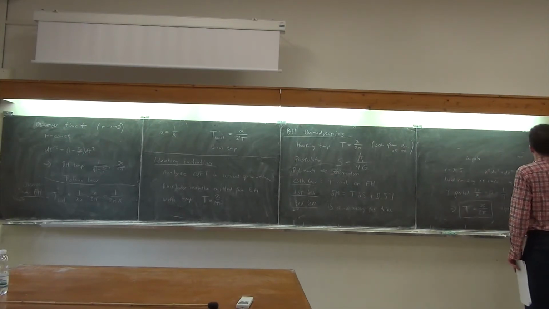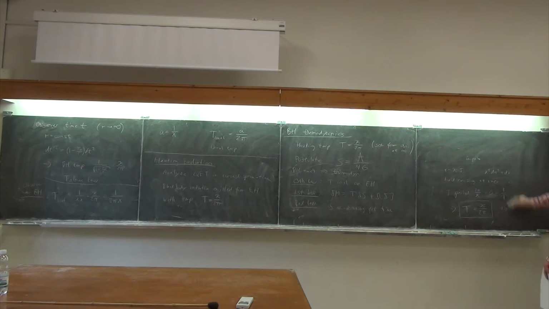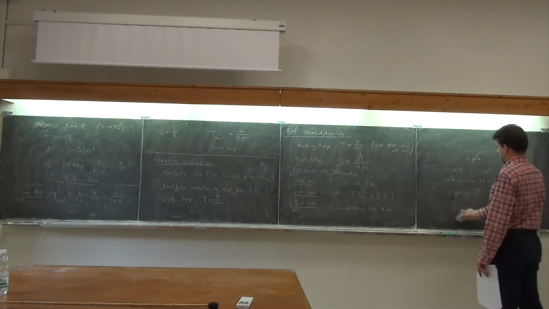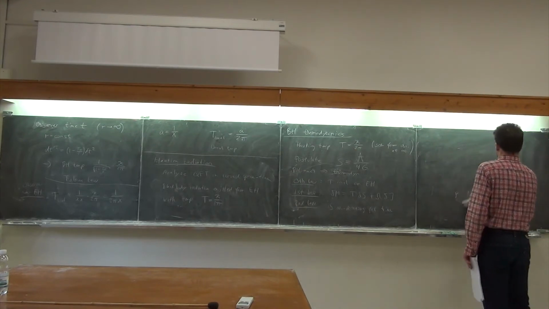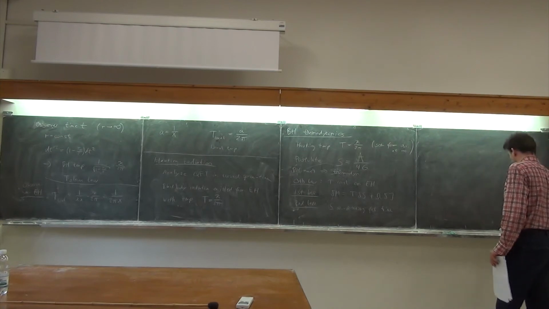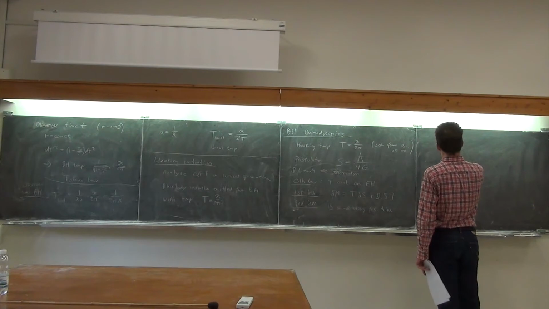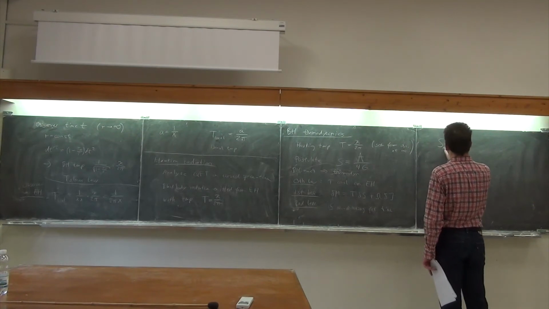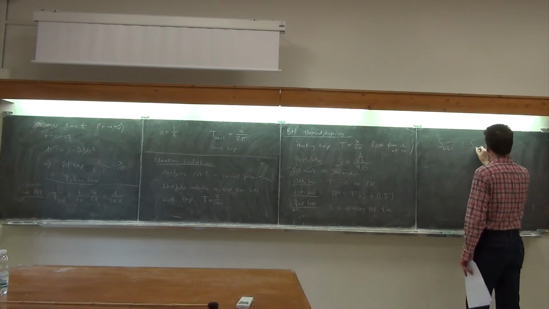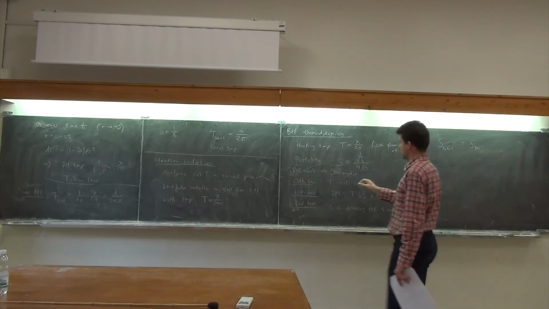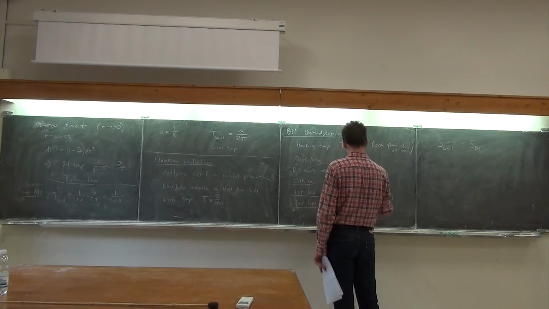So the way that Bekenstein resolved that is to say that that's fine, but then we just define a different entropy, namely to say that the total entropy is equal to the entropy of the black hole.